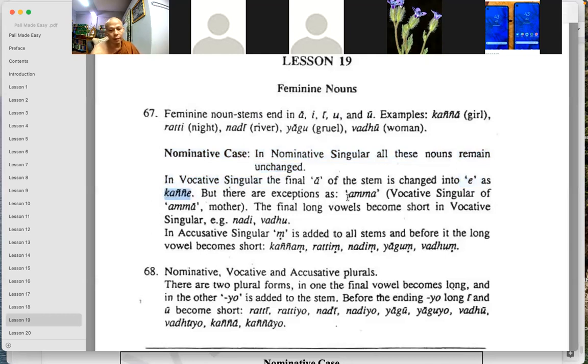But there are exceptions, like amma, mother, or dada, dear. Some exception words. But most of those ending in A become E in vocative case. So kanye.